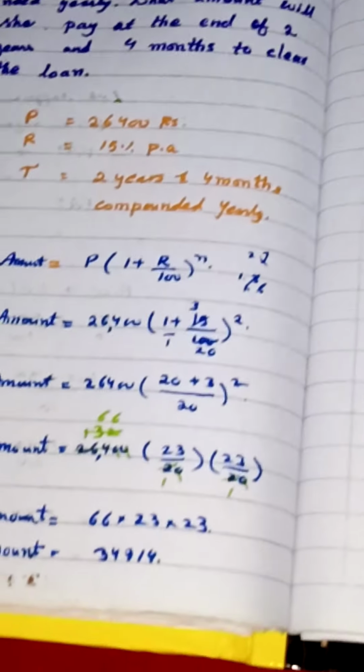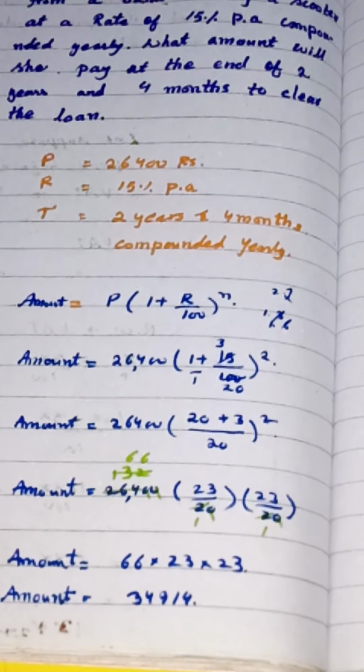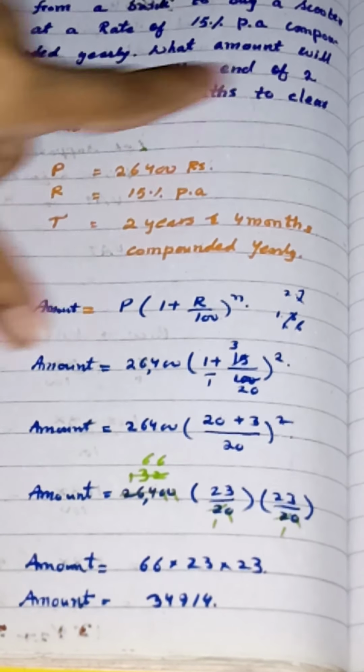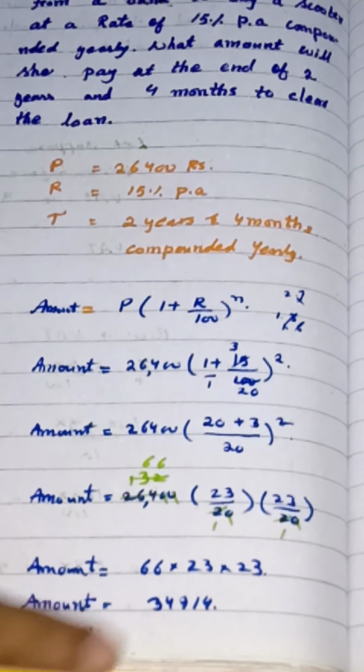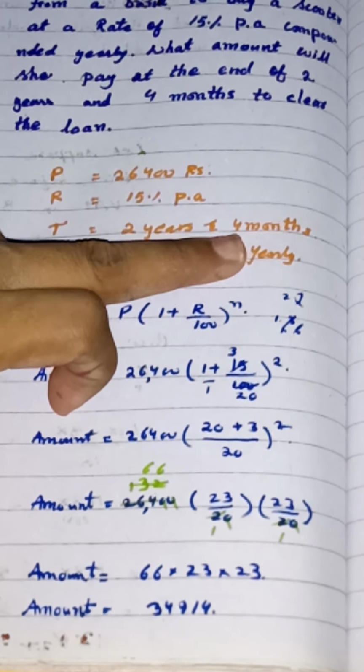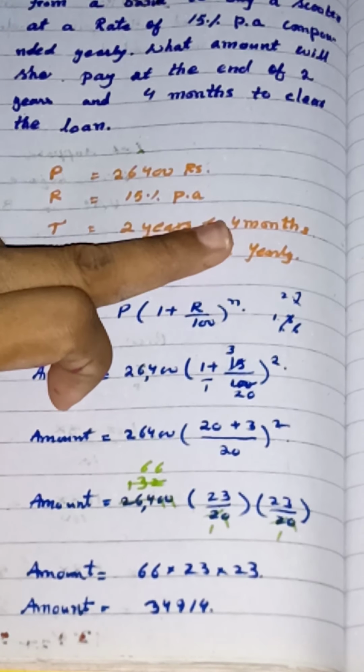But students, this amount is for 2 years. The remaining 4 months interest is calculated on this amount for 2 years. Okay, 2 years amount has been calculated, but the remaining 4 months interest is calculated separately.